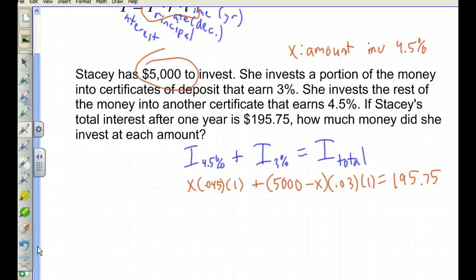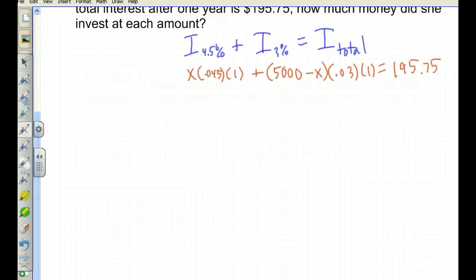Now it's just a matter of solving this problem. So we're going to multiply some of this, 0.045x plus 5,000 times 0.03 is 150 minus 0.03x equals 195.75.